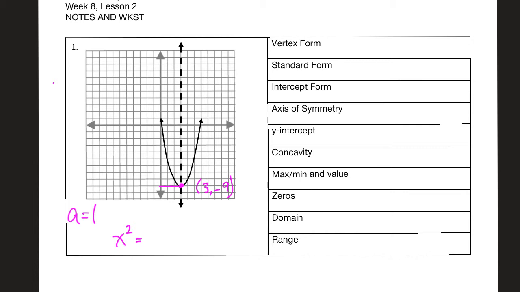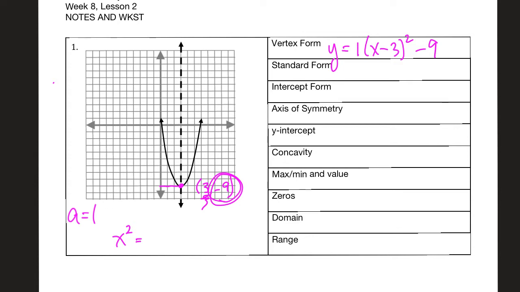So in vertex form, and I'm hoping this is review, again, this is from Algebra 2, the a value is 1, and then we have x minus the x part of the vertex: x minus 3 squared, and then this number as the end part of the vertex form.